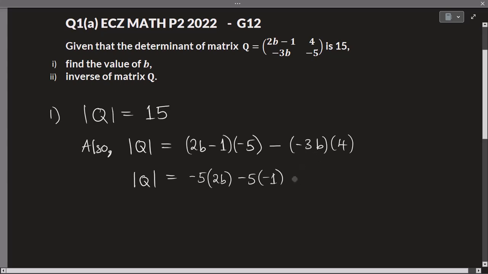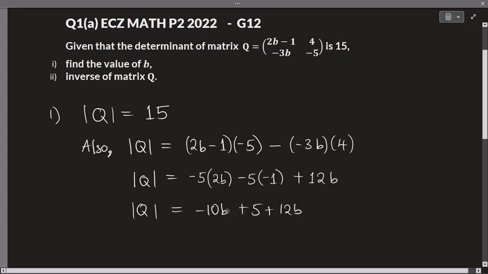Then for this one here, it's simple. We already have a positive because the negative and the negative are multiplying. Then we have a 3 multiplying by a 4, which gives us a 12. So we'll have a 12b. So here we have a -10. We have a +5 and a +12b.